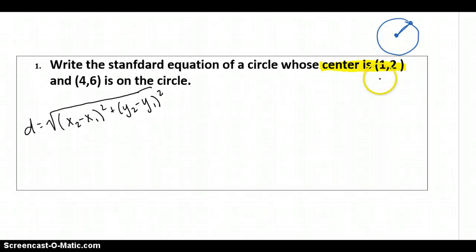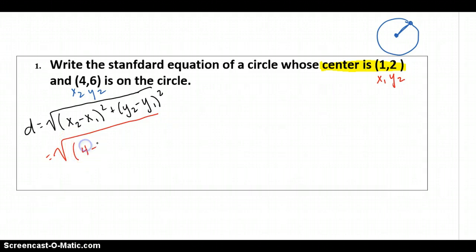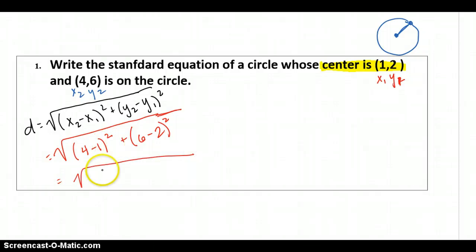I'm going to plug in (1, 2) for (x1, y1), and I'm going to use (4, 6) for (x2, y2). So I'll have the square root of (4 minus 1) squared plus (6 minus 2) squared. I need to do what's inside parentheses first and then square that. 4 minus 1 is 3, so 3 squared, plus 6 minus 2 is 4, so 4 squared.